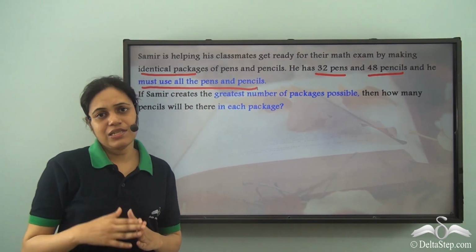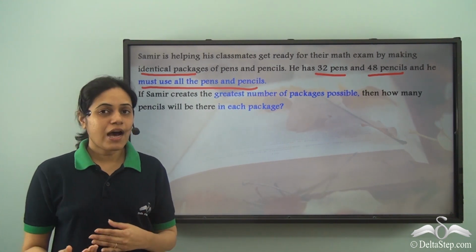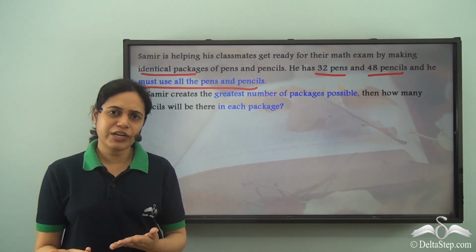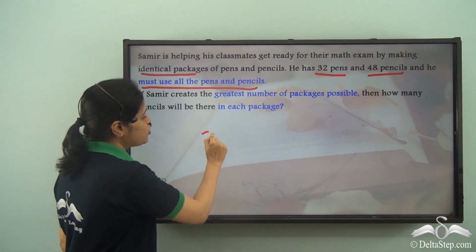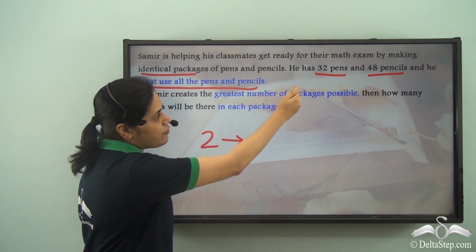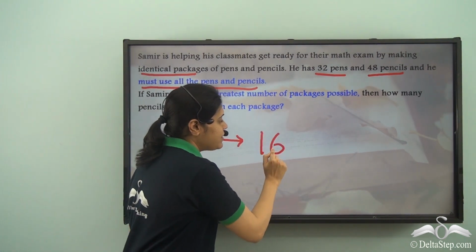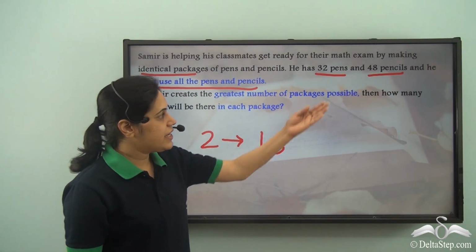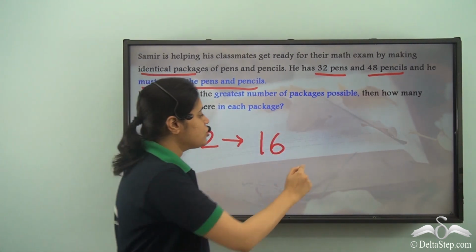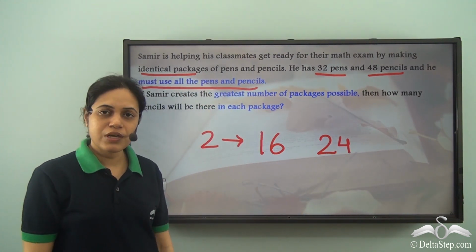So suppose, for example, Samir makes 2 packages. The total number of pens is 32, so in each package there will be 16 pens. He has 48 pencils, so in each package there will be 24 pencils.